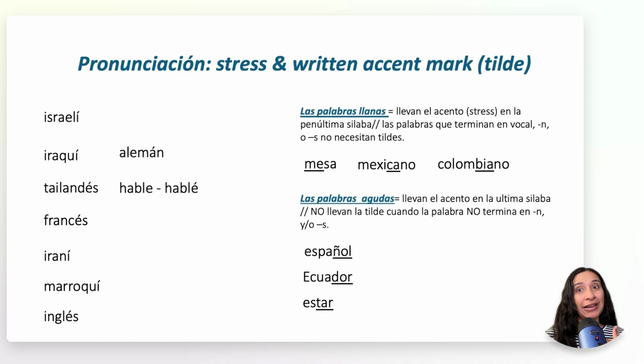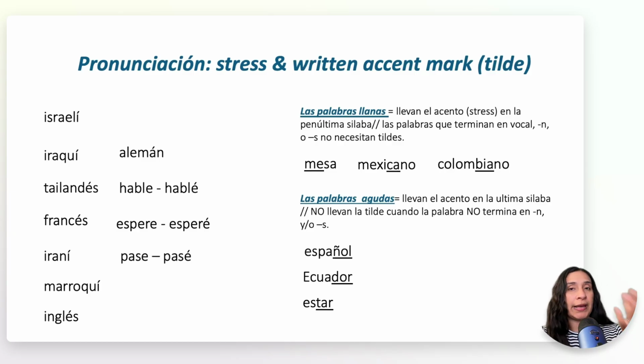So hablé. We also have esperé, wait, esperé, I waited. Okay. What is another example of this? Why do we need to know this? Pase, right?